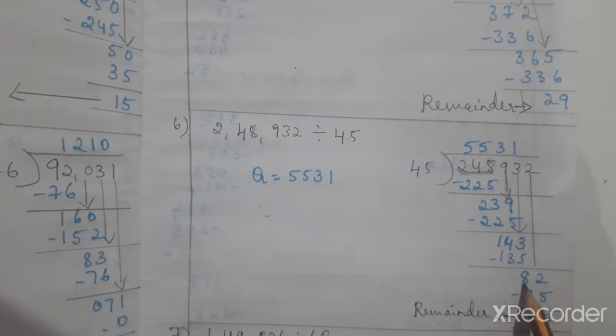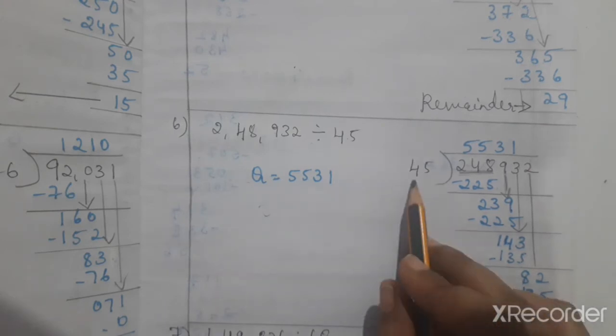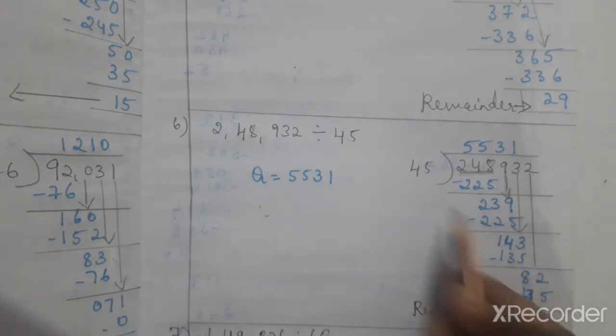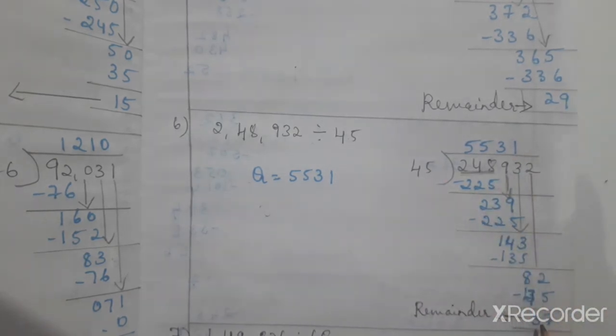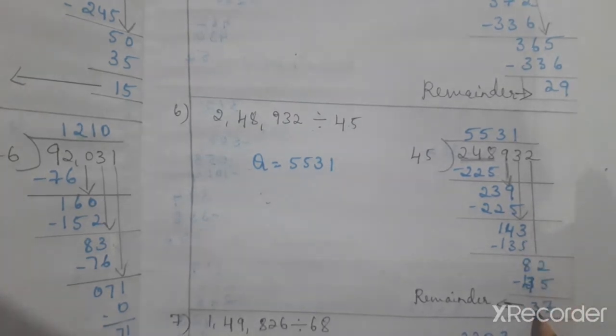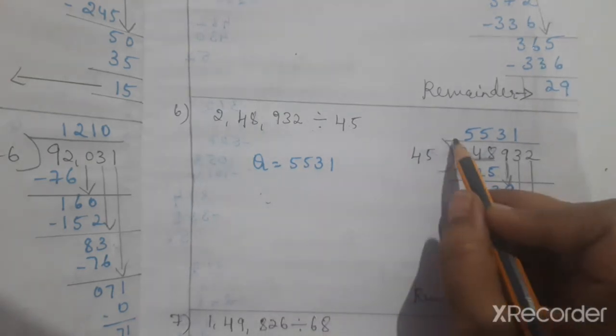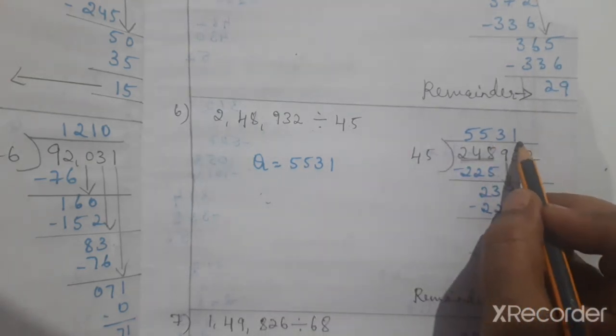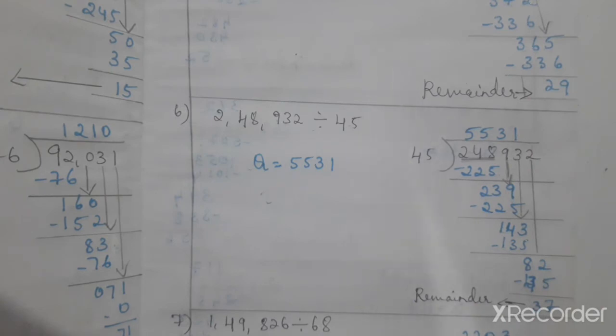After subtraction 8 is the remainder, and bring 2 down. Now 45 times 2 is greater than 82. 45 times 1 is 45, remainder is 37. No number to carry over, so we stop here. 37 is the remainder and the quotient is 5531.